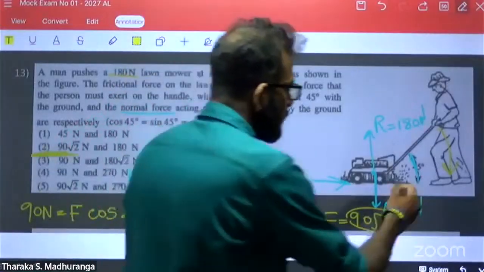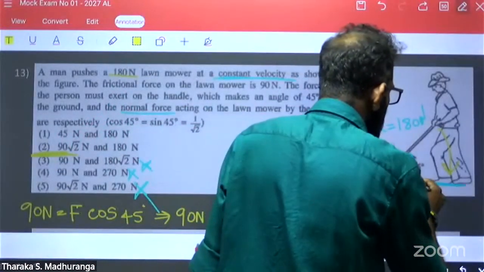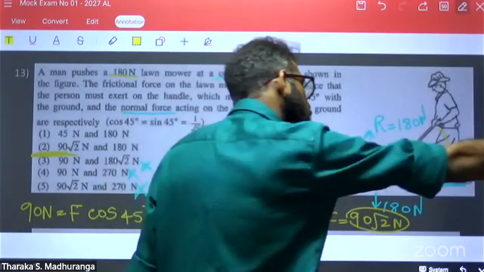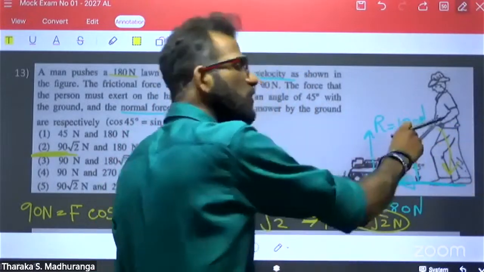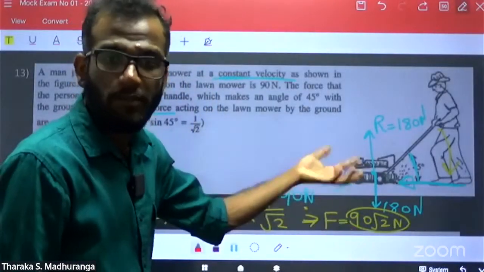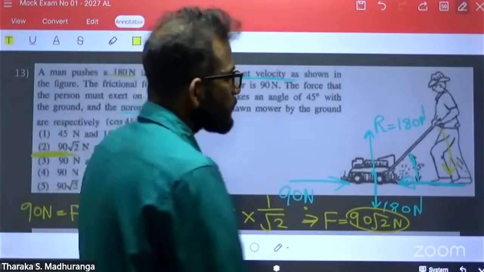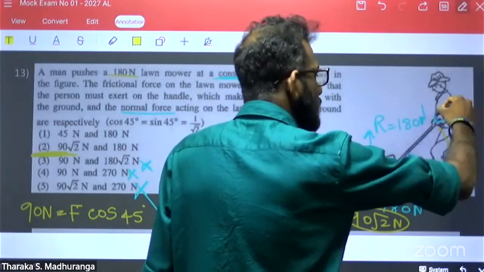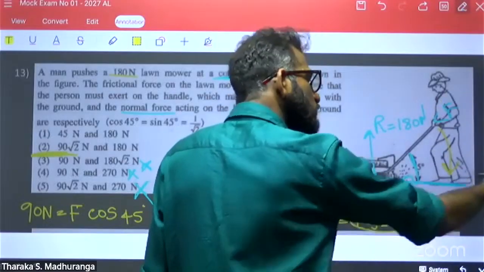Now, if it is moving with uniform velocity, this horizontal applied force needs to equal the friction force. That's why there is no unbalanced force. It is a balanced object. Now this F, the applied force, F cos 45 is the horizontal component.